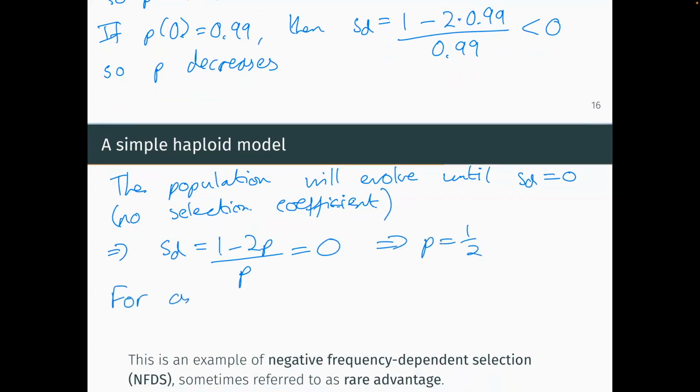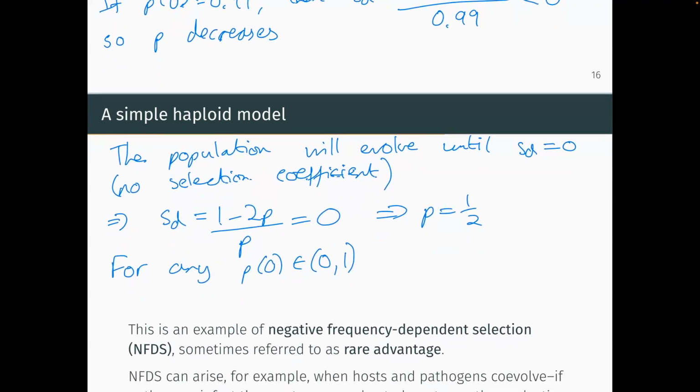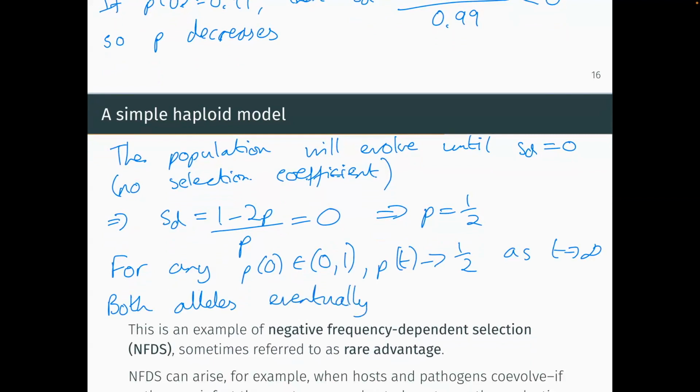So the conclusion then is for any initial condition between 0 and 1, remember, if we're at 0 or 1, we're just going to stay there because there's no genetic variation, then P of t is going to tend towards 1/2 as t tends towards infinity. In other words, a biological interpretation would be both alleles eventually end up at equal frequencies.